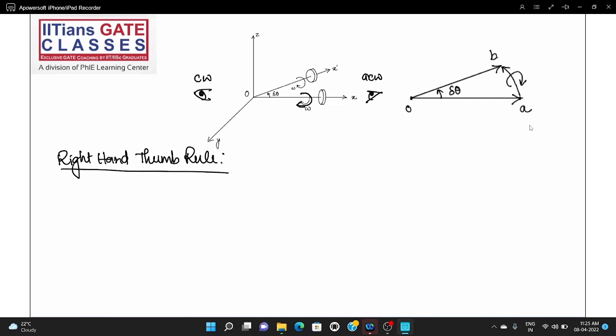It says to curl the fingers of the right hand in the direction of the angular velocity. For example, if you're seeing it from this side, from O, then curl your fingers in the clockwise direction. The direction of the thumb will represent the direction of angular velocity. So if you do it, you'll get to know that the direction of angular velocity is this, from O to A.